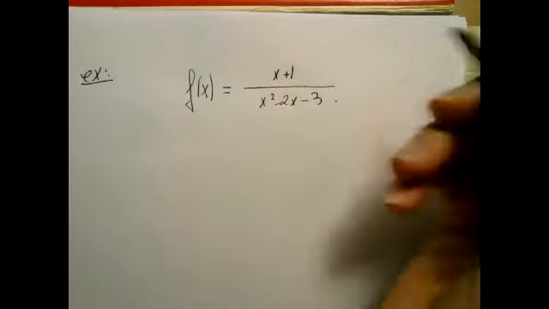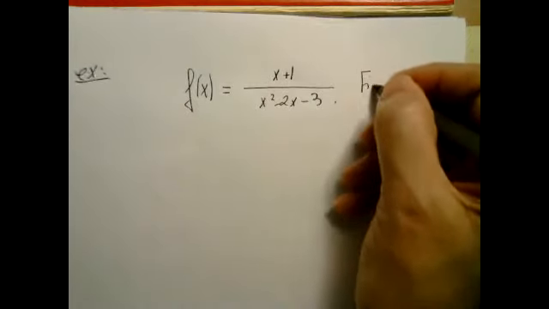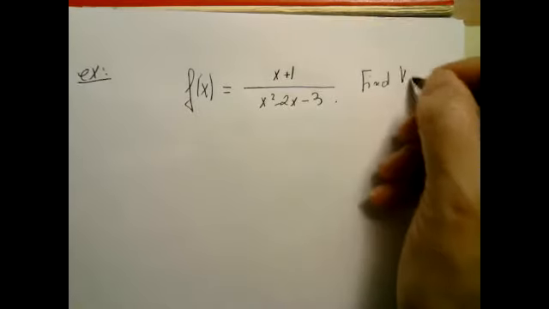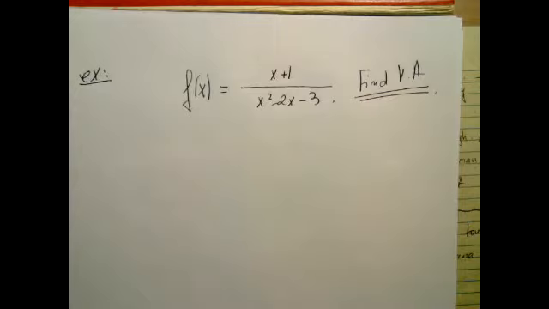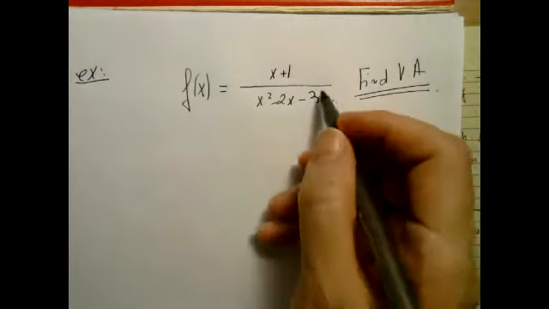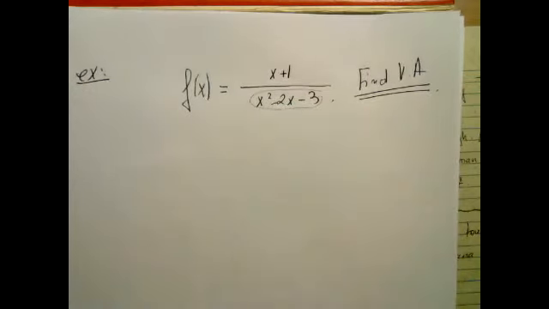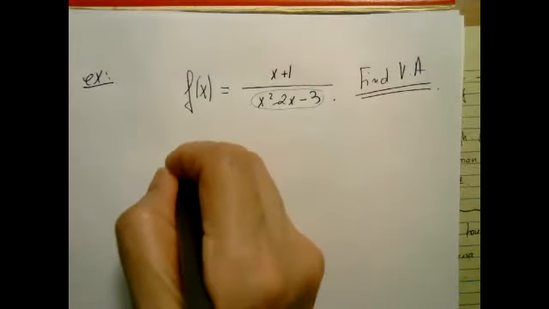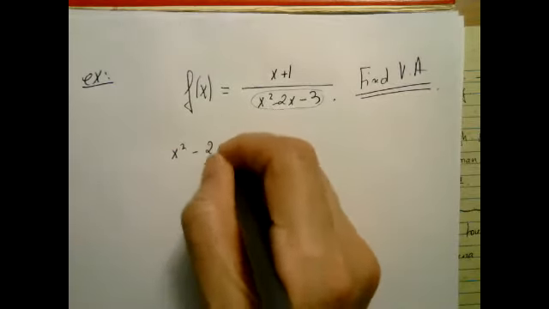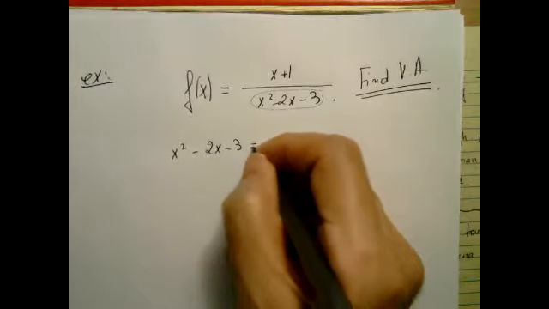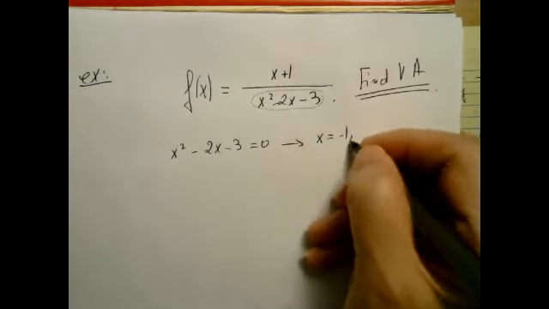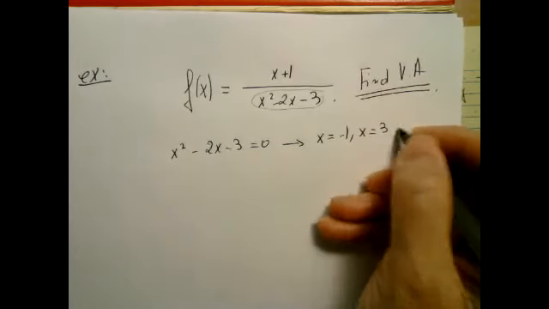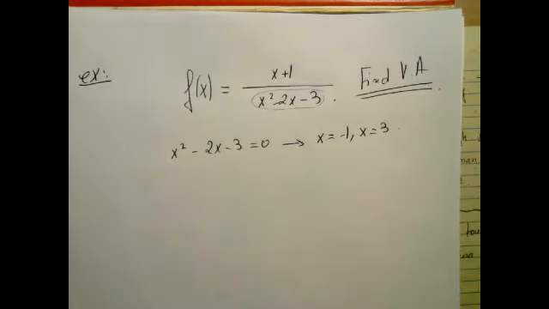All right, and the question is: find the vertical asymptote and check your work. That's really the question. Our approach is as usual. We look for the value that makes the denominator 0. So x squared minus 2x minus 3 equals 0. And since I did this a minute ago, it means x equals minus 1 and x equals 3.